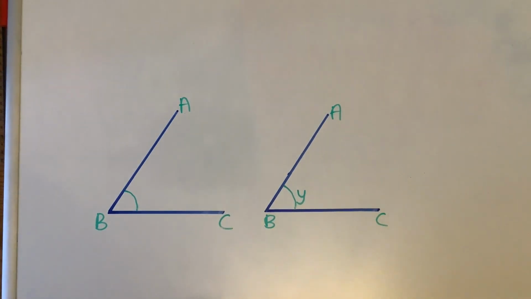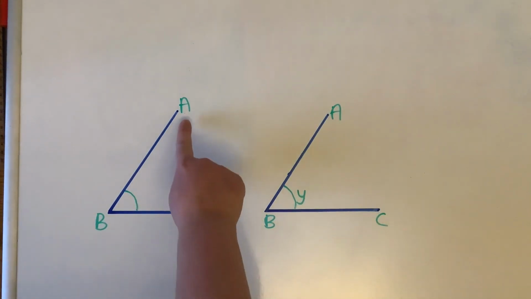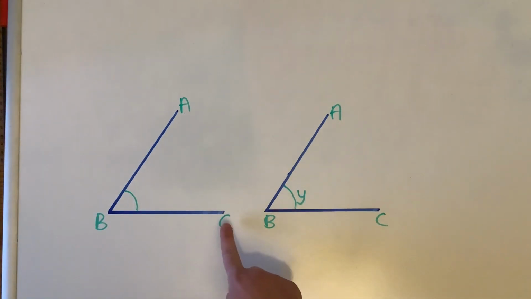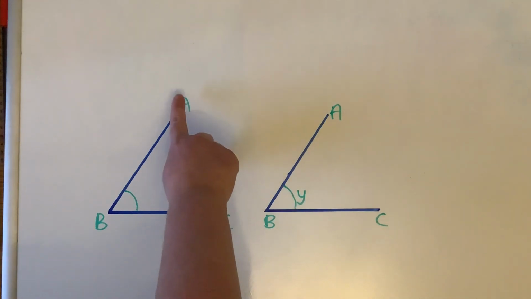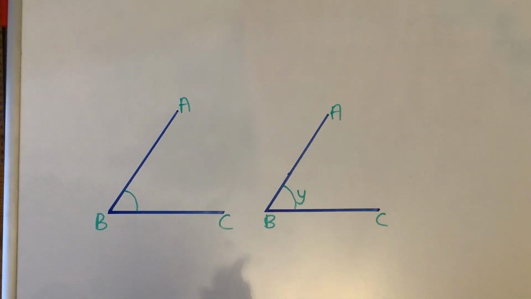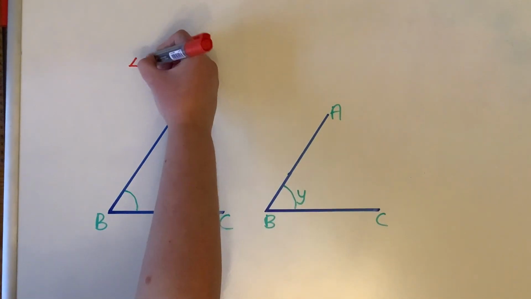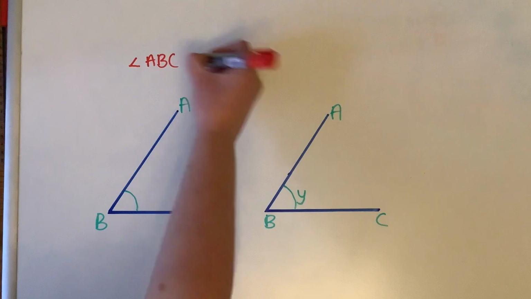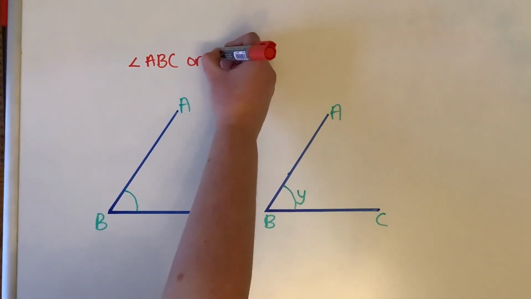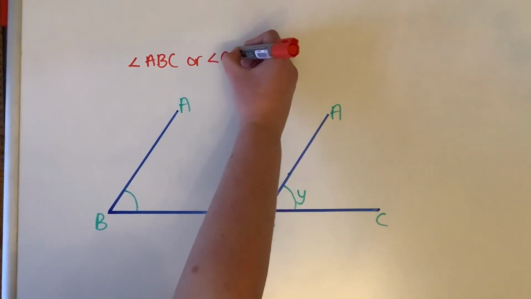So if I was to name this angle here, I'm looking for my vertex where they meet, my angle could be angle ABC or angle CBA. And the way that I would write that would be with my angle symbol. So angle ABC or angle CBA.